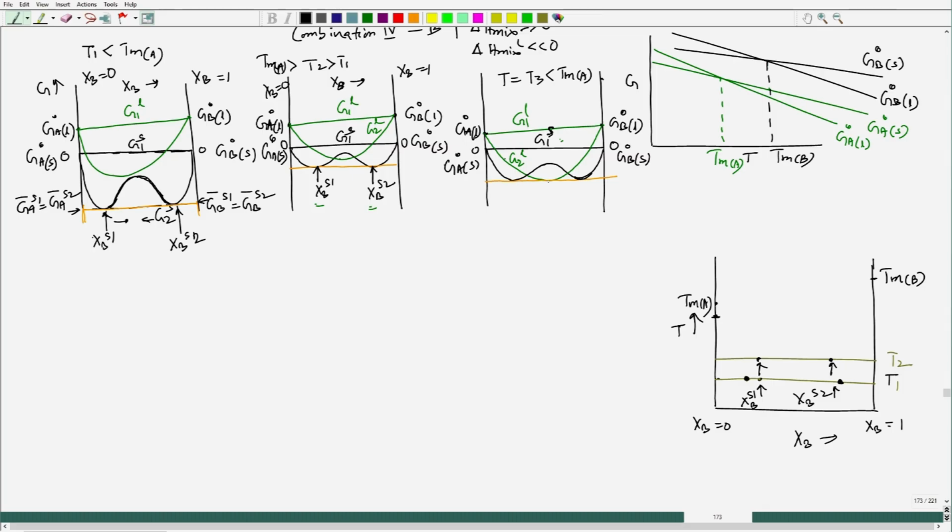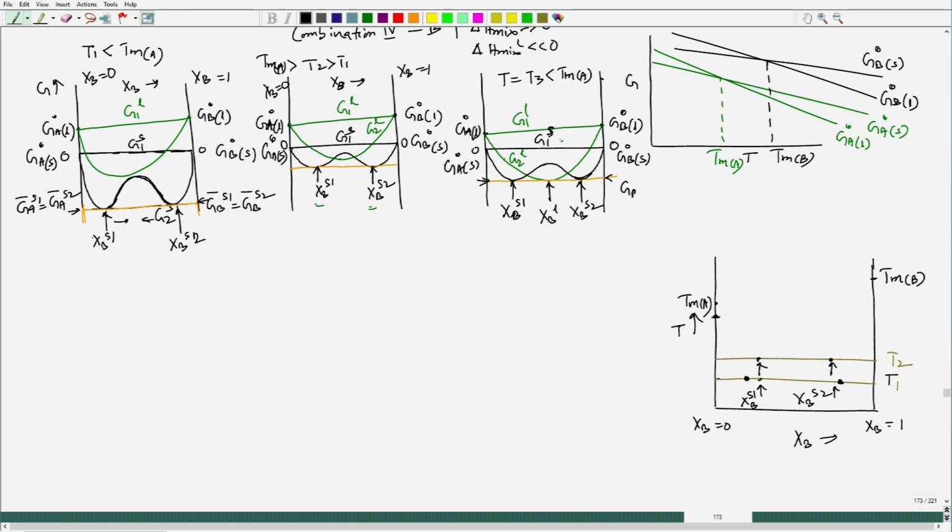Okay. Now, we see one plot, this is xB of liquid, this is xB of solid 1, this is xB of solid 2, and here I have to write those conditions.